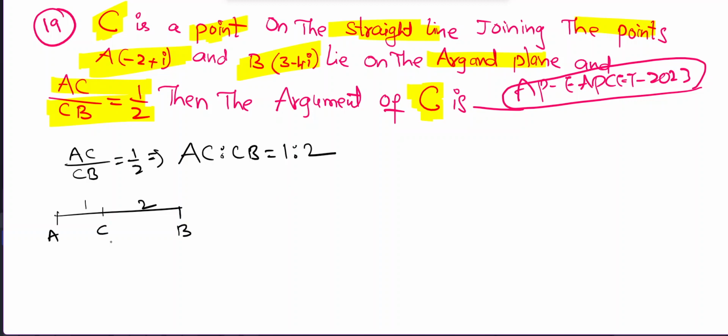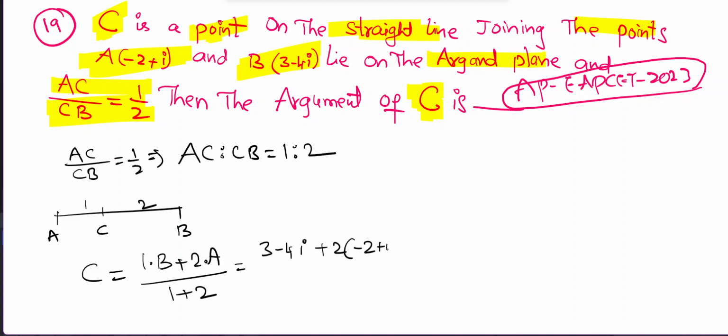Now we find the point C. C is equal to, this is the ratio formula, (m x2 plus n x1) by (m plus n). That is 1 into B plus 2 into A by 1 plus 2. This is the formula for finding C. B value is given: 3 minus 4i, plus 2 into the A value, minus 2 plus i, by 1 plus 3, that is 3.